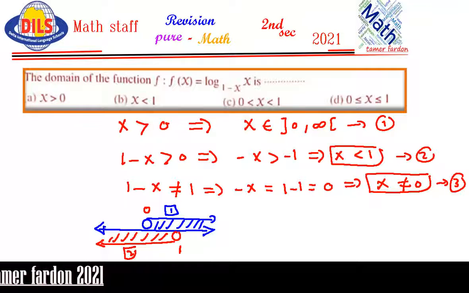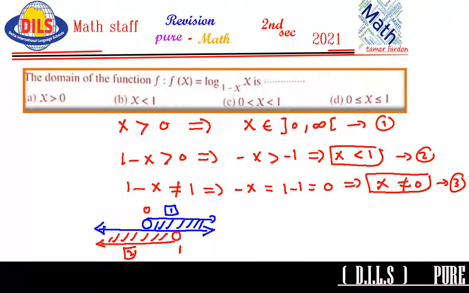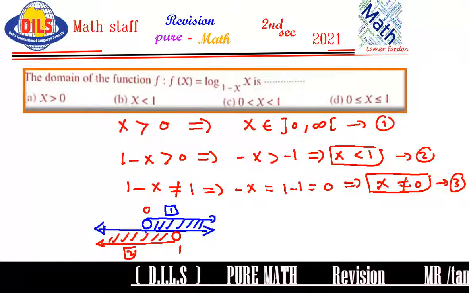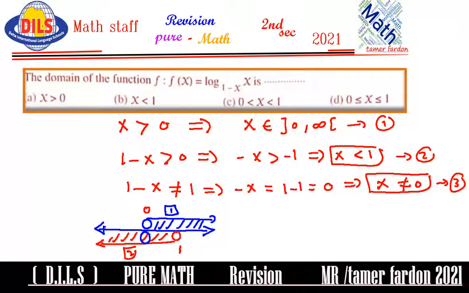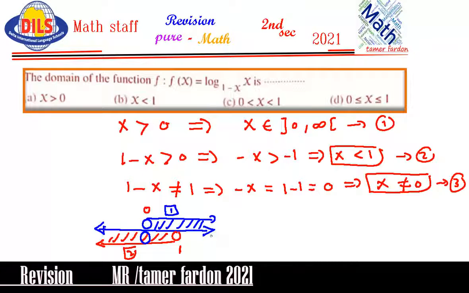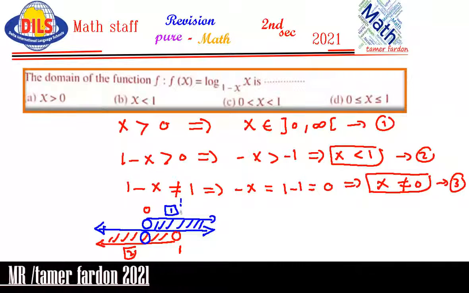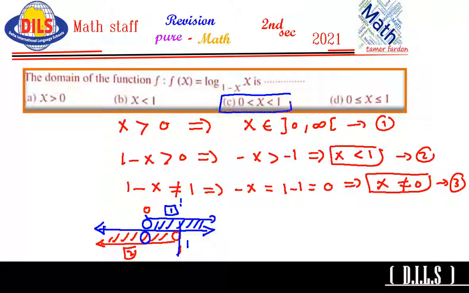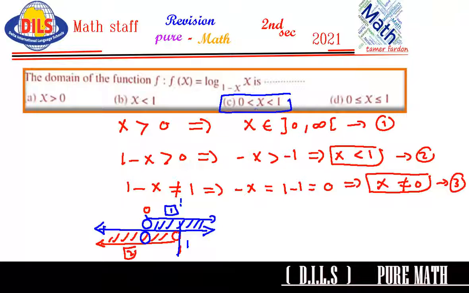So at 0 we will put a gap, so x belongs to 0 to 1, so our domain is from 0 to 1, 0 open, 1 open.